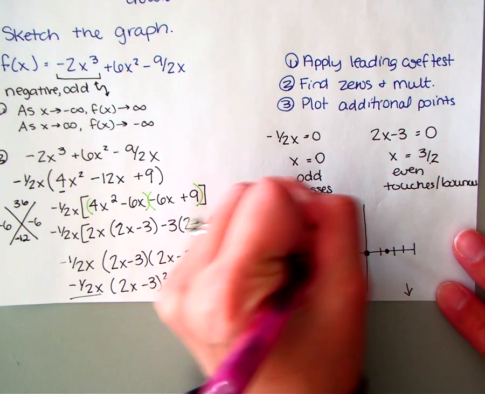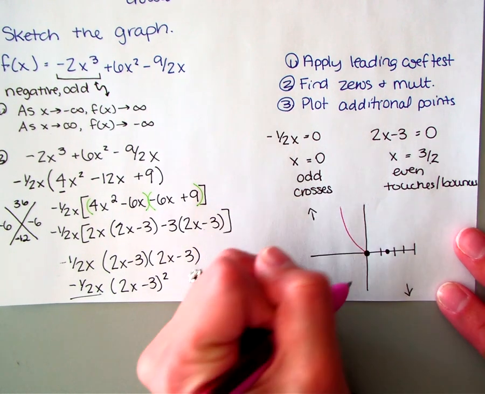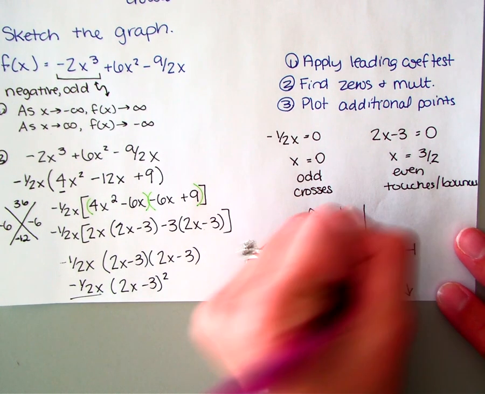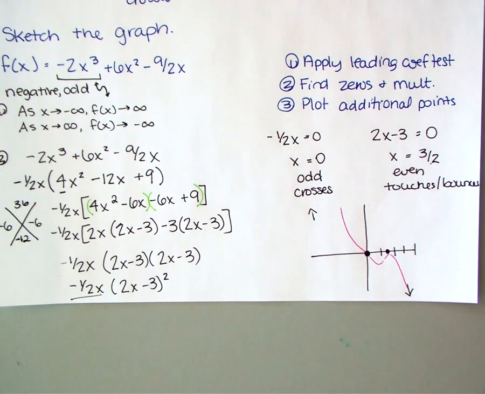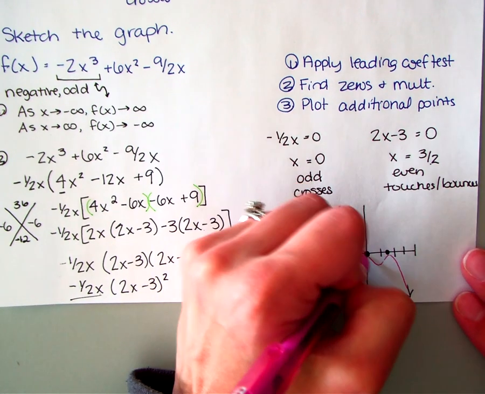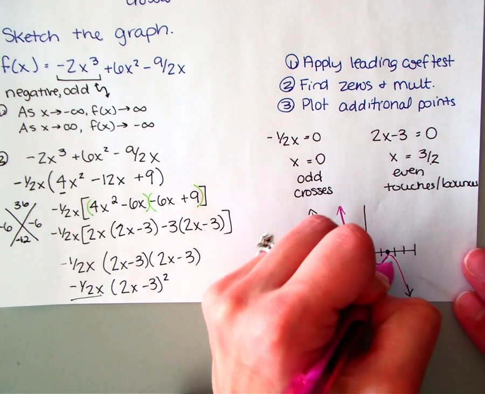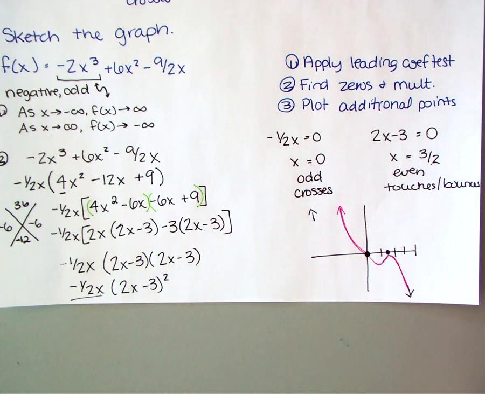And so I know it crosses at 0, has to turn around somewhere to come up and touch at 1.5 and then go back down. Still has the shape of a cubic function. So your graph should look something like that. It's a little imperfect, but generally that's what it should look like. Always check with Desmos to make sure that you are on the right track.